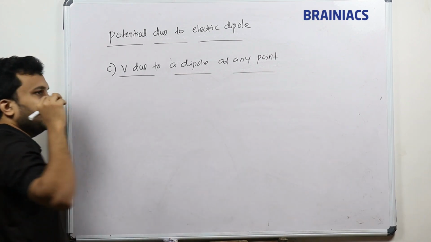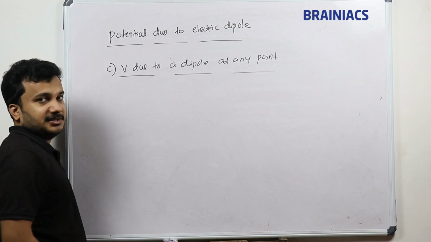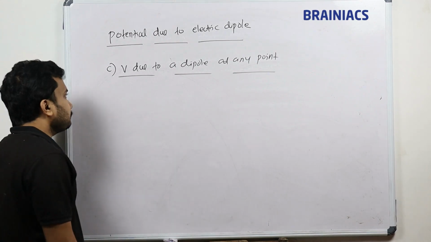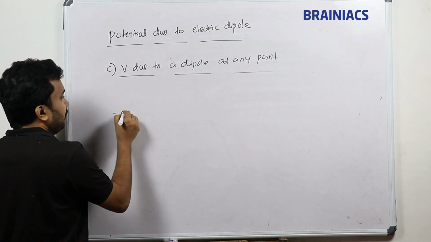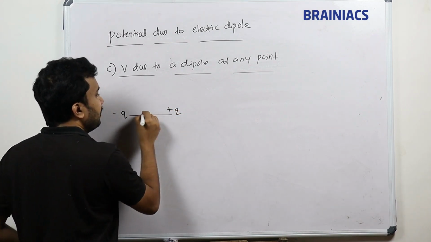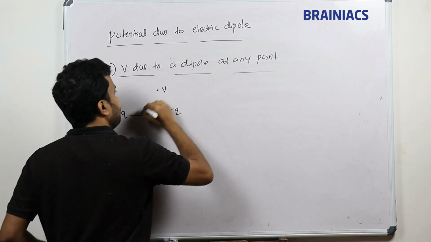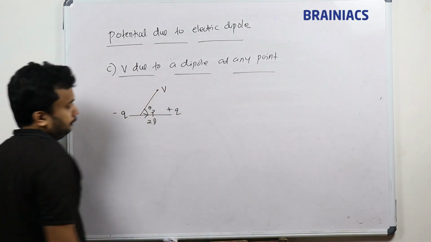Electric field due to a dipole at any point is Kp by x cube into root of 3 cos square theta plus 1. Here we have a dipole, minus q and plus q, separated by a distance of 2l. Dipole moment is in this direction. I am going to find the potential at this point, which is making an angle of theta degrees.